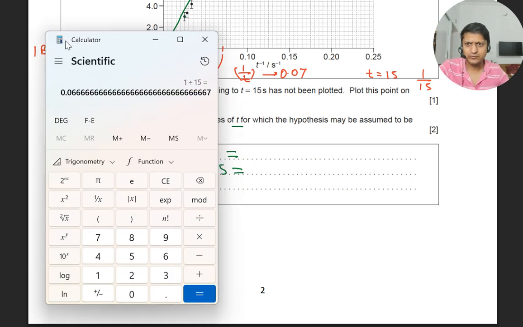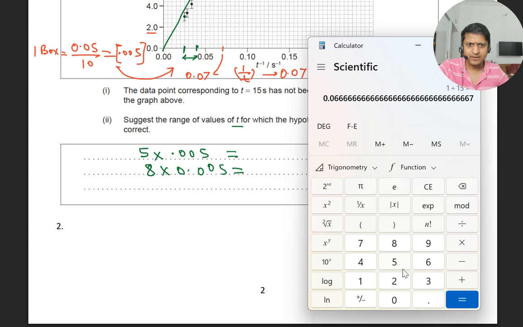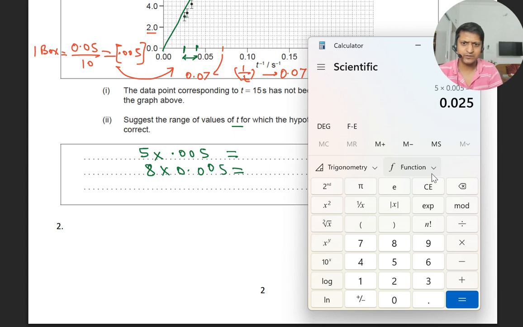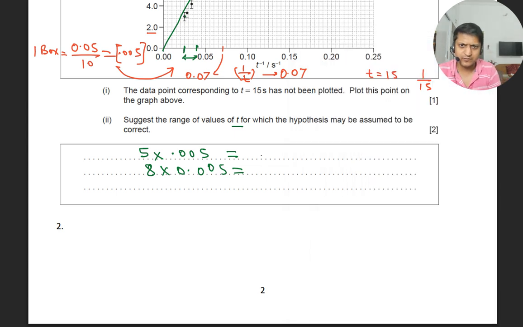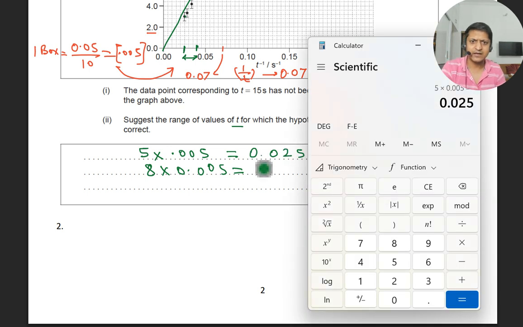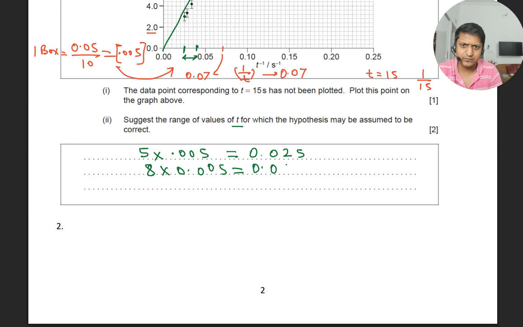So it would be 5 into 0.005, that is 0.025, and the other will be 8 into 0.005, which is 0.04. So these are the range points.